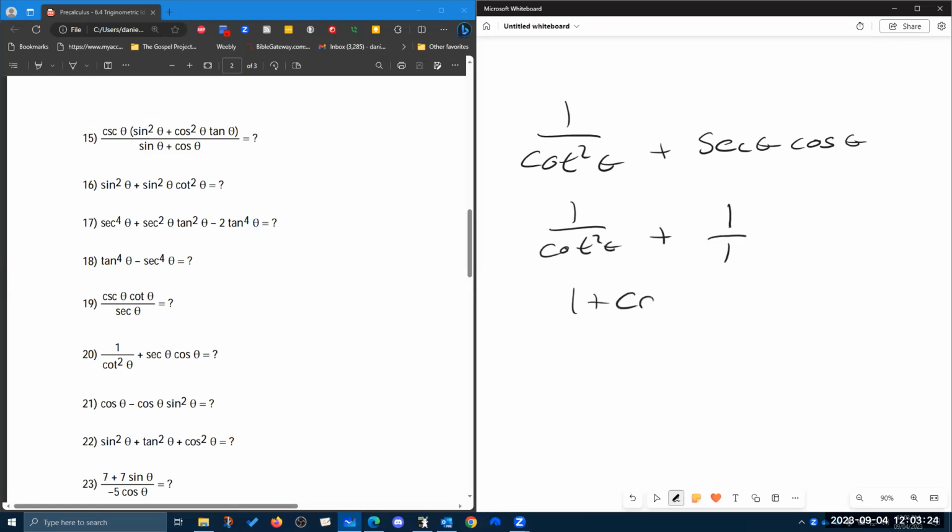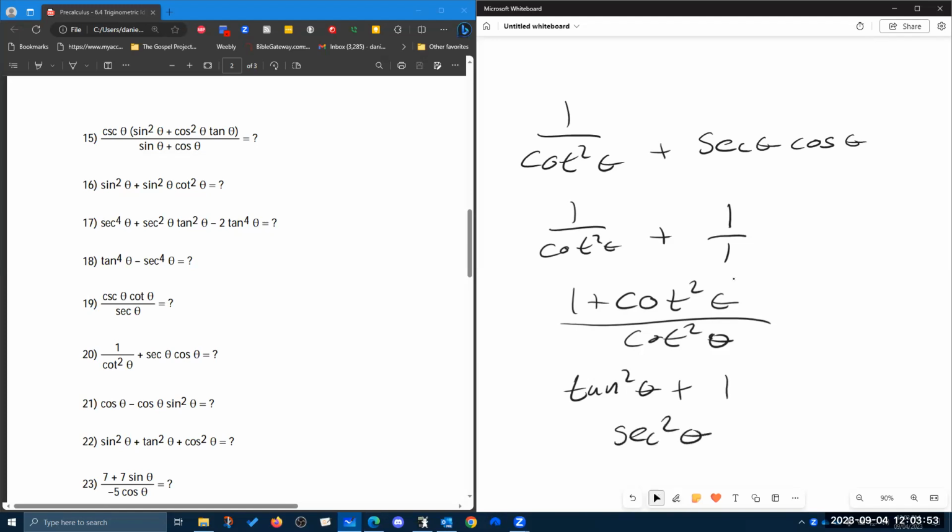This 1 plus cotangent squared over cotangent squared is going to be 1 plus cotangent squared is cosecant squared over cotangent squared. Actually, let's make this tan squared plus 1. 1 plus tangent squared is secant squared. That's better. There we go.